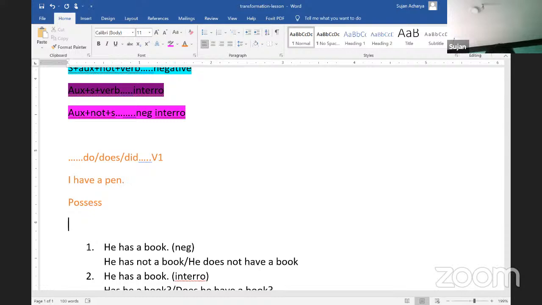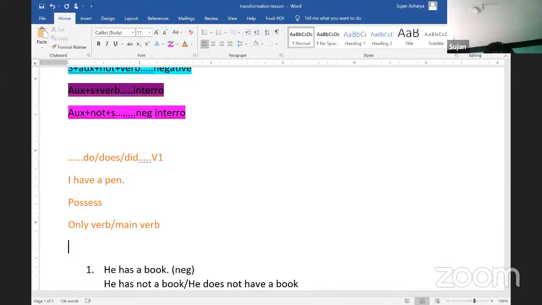There is no other verb, so the main verb in the sentence is have. So we can say: Have I a pen? One. The other one is: Don't I have a pen?